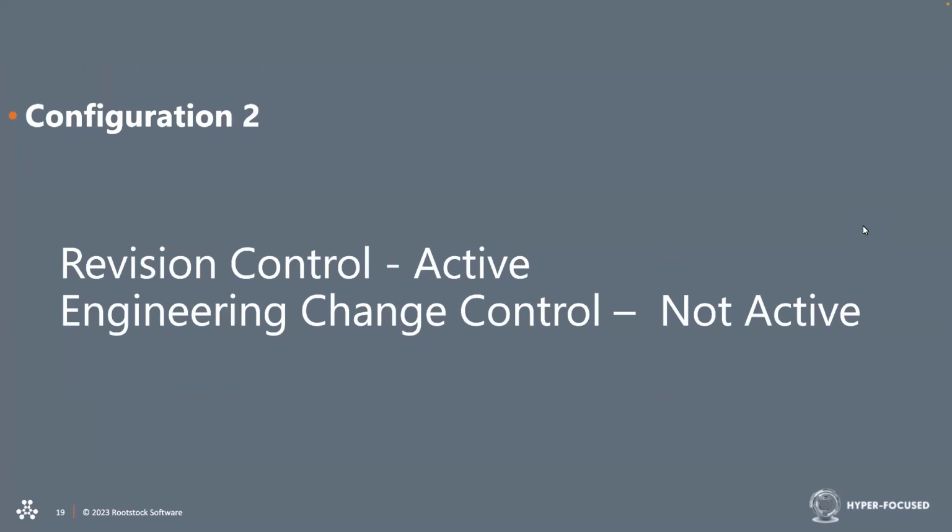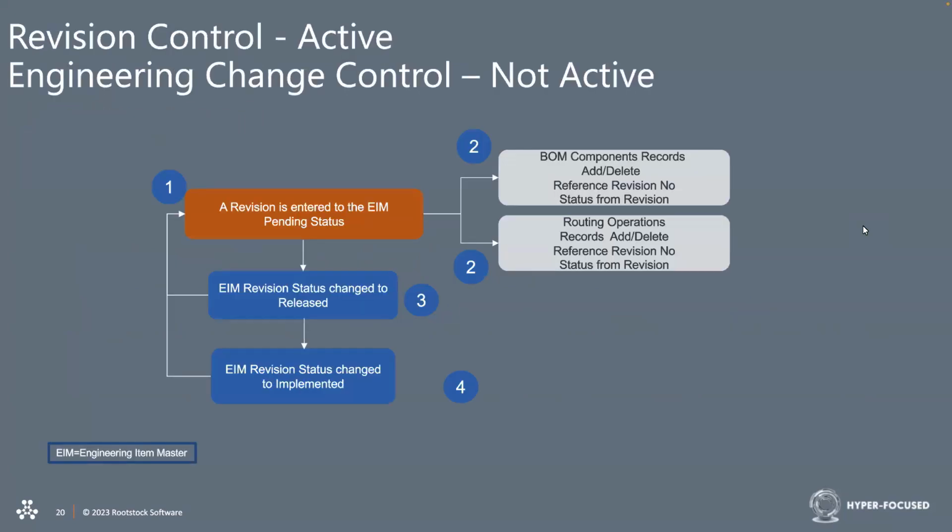Now the second one: revision control is active, but ECOs are not active. In that case, you're starting with your original engineering item, and the revision is going to allow you to make a change to the BOM or the routing, and that's reflected in number 2.